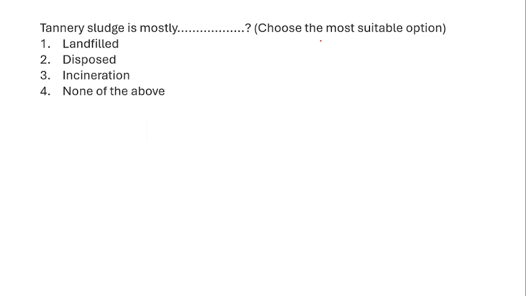It can be disposed of as it is, landfilled, or incinerated. But before that, the water should be treated. As we know, during leather conversion we use a lot of chromium. Chromium is the tanning agent used nowadays to convert the skins and hides of animals to leather, so removal of chromium is very important. After treatment of the water, the produced sludge is disposed of mainly by landfilling. Okay.